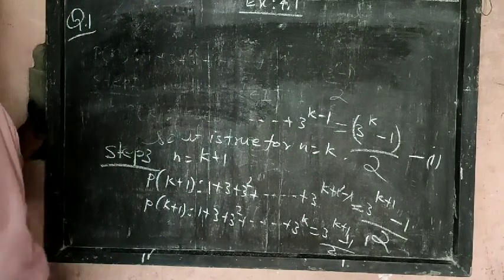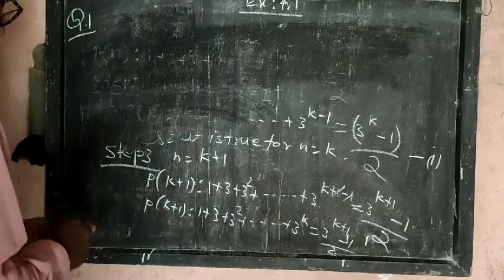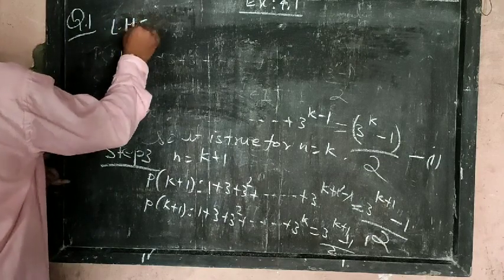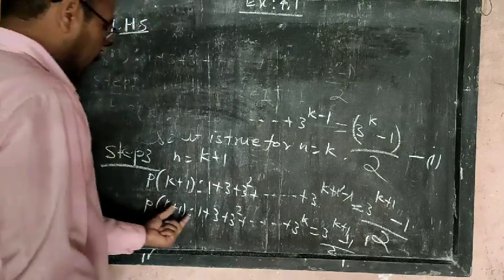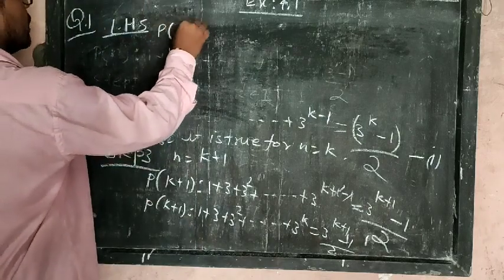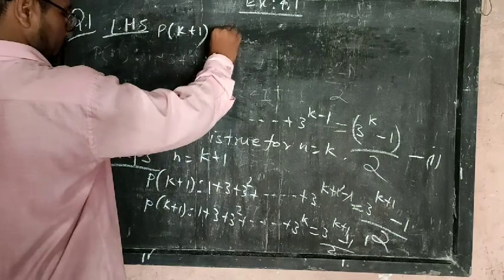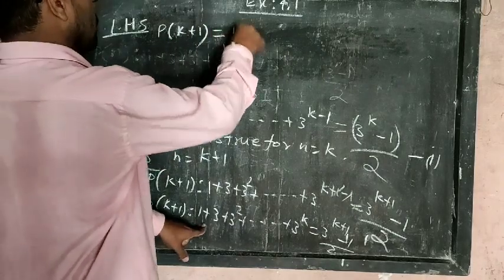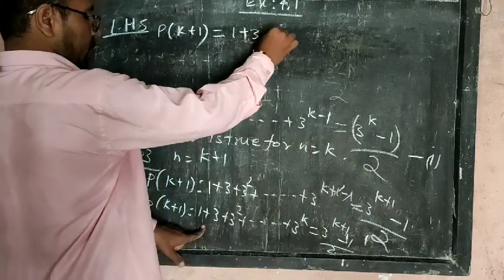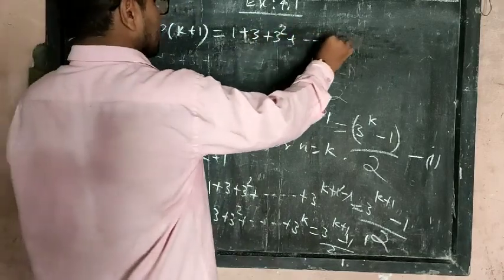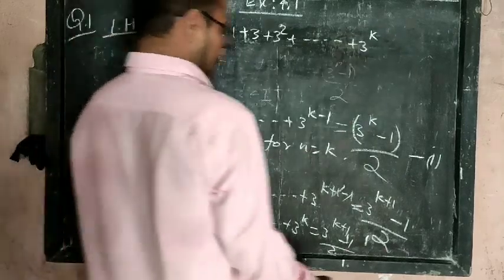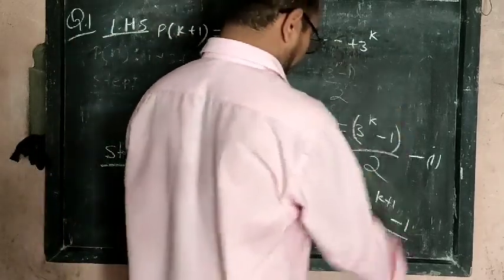In step number 3, the LHS part is P(k+1). This much is the LHS: 1 plus 3 plus 3 square plus 3 to the power k. This much is the LHS.